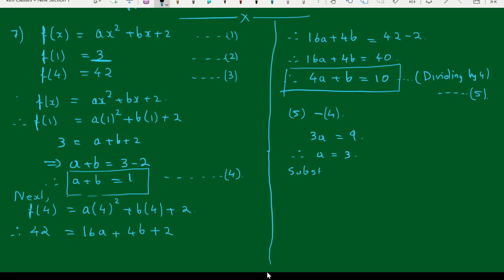Substituting a is equal to 3 in which equation? 4. You get 3 plus b is equal to 1, and therefore b is 1 minus 3, and therefore b is equal to minus 2. Therefore a is 3, b is minus 2. Answer.